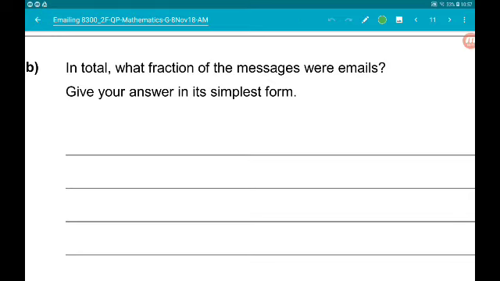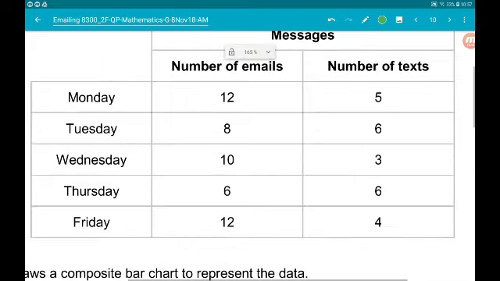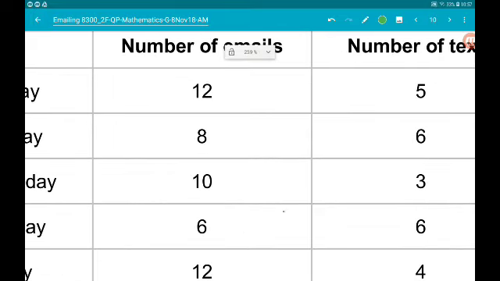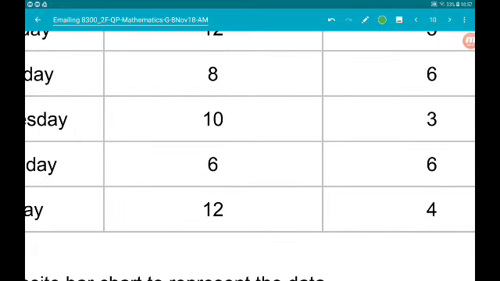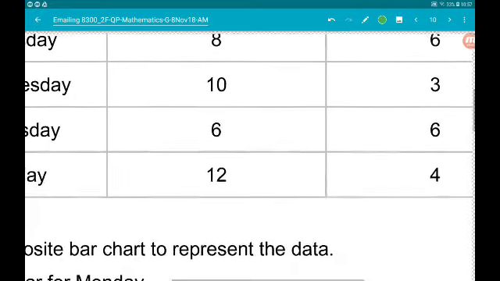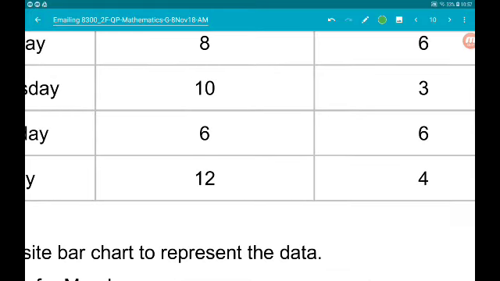So, to work out total emails, okay, so 12 add 8 is 20, 10 is 30, add 6 is 36, add 12 is 48.